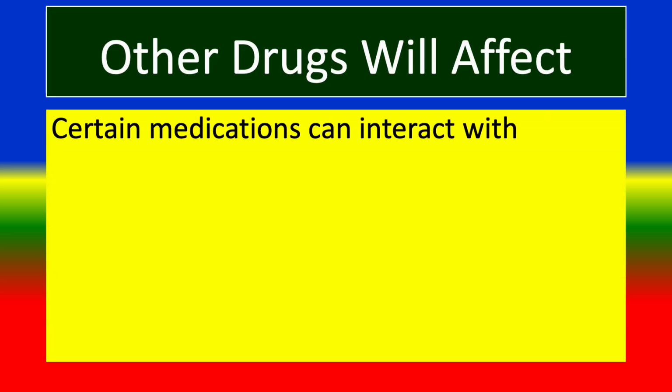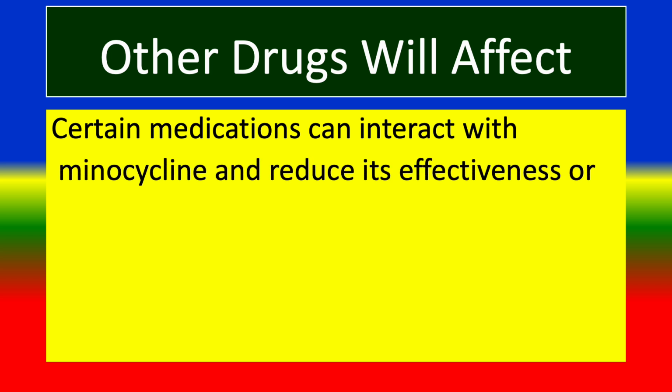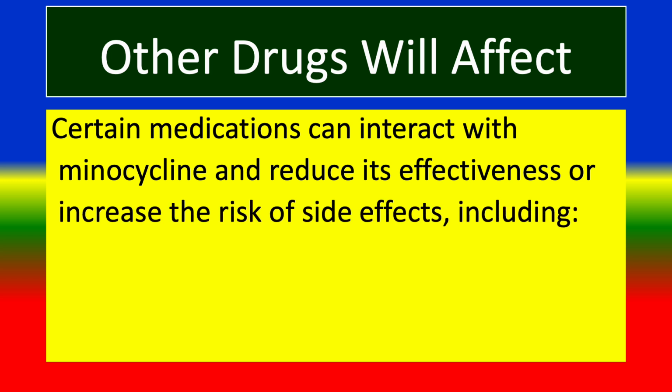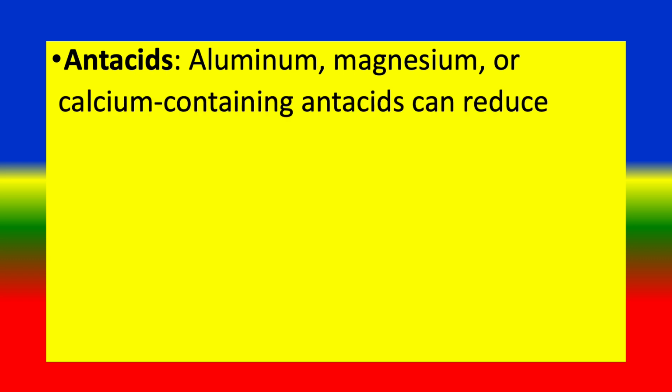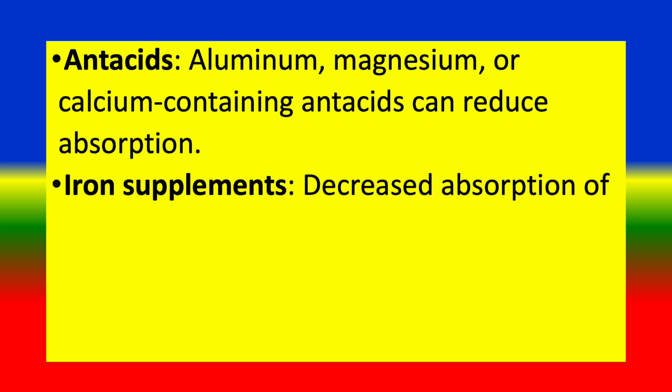Other drugs that will affect it. Certain medications can interact with minocycline and reduce its effectiveness or increase the risk of side effects. Antacids: aluminum, magnesium, calcium containing antacids can reduce absorption.